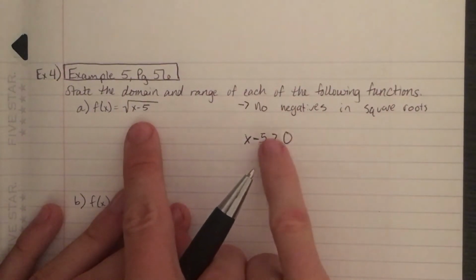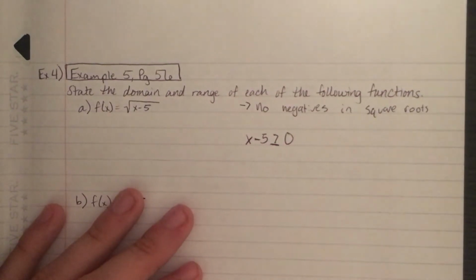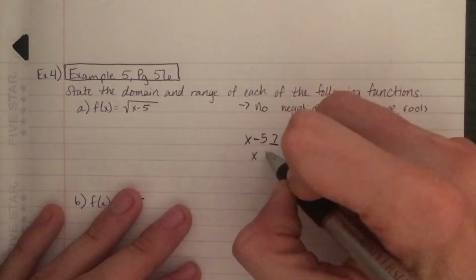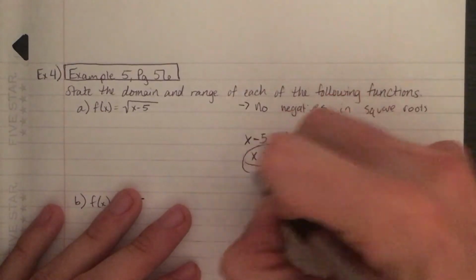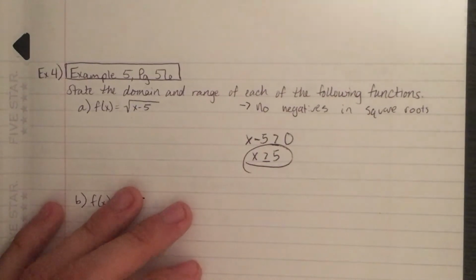So for the domain here, for the values of x, to solve for x here, we're going to add 5 over. So x is going to have to be greater than or equal to 5.